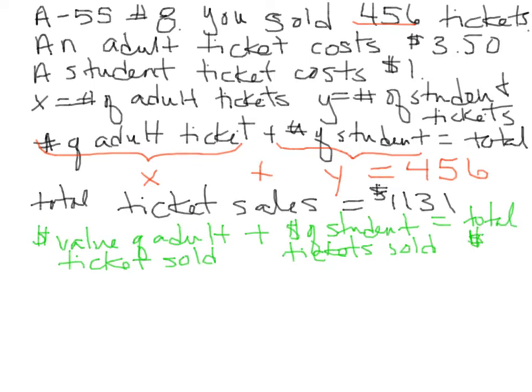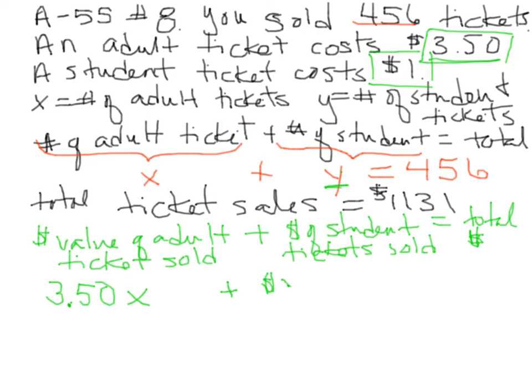Each adult ticket is $3.50, so we get $3.50 every time we sell an adult ticket, and the number of adult tickets is X, plus a student ticket is $1. So we get $1 every time we sell a student ticket, and the number of student tickets is Y.